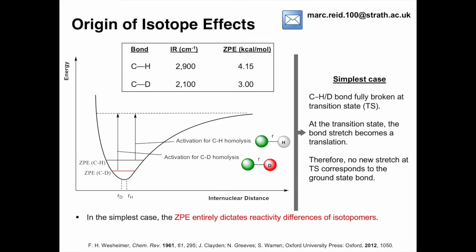This model for looking at deuterium isotope effects assumes that the CH or CD bond is fully broken at the transition state. At the transition state itself, what was a bond stretch is now a translation. Therefore, no new stretch at the transition state corresponds to the ground state bond. In this simple case, 0-point energy entirely dictates reactivity differences of isotopomers.